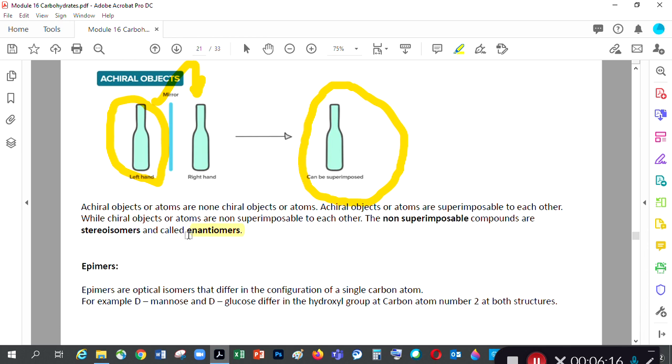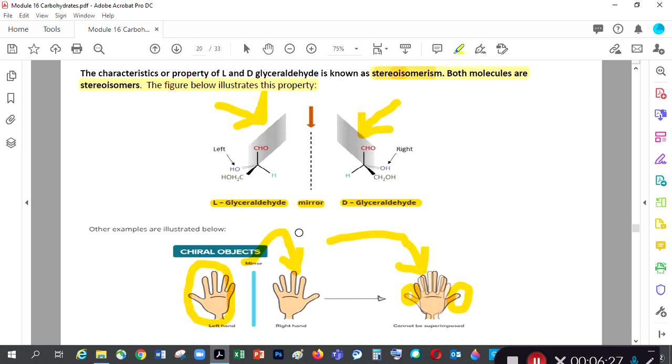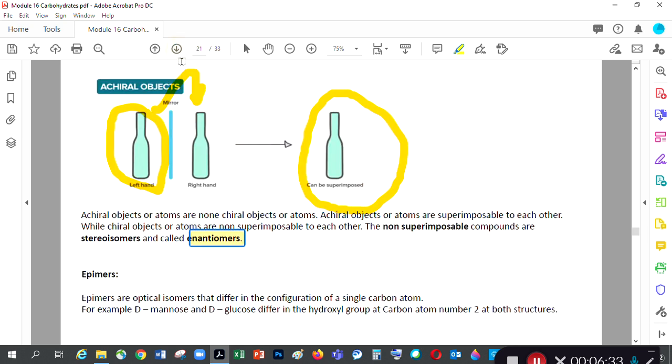Those are called stereoisomers, and the specific name for this is enantiomers. So those two, the L- and the D-glyceraldehyde, are called what? Enantiomers. Both of them are stereoisomers, but they have a specific name. They are images not superimposed to each other, and they're called enantiomers.